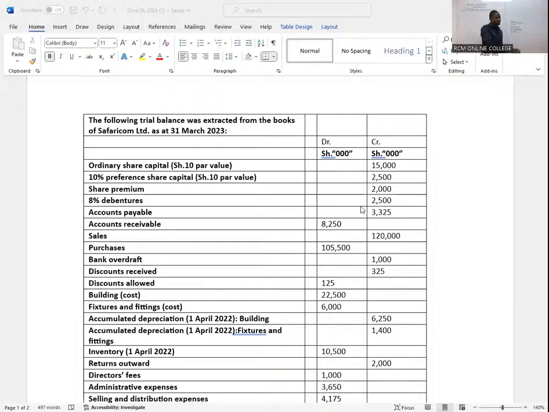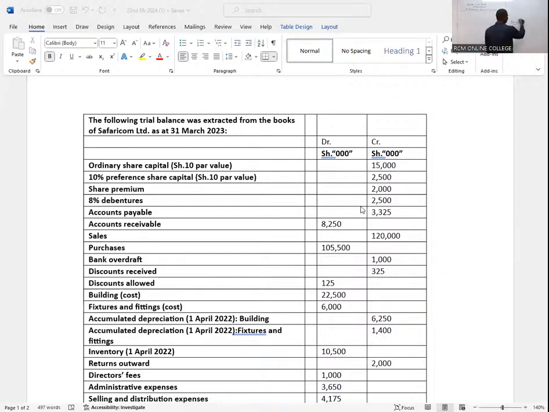And if you look at what we have here, all the debit side items either fall under drawings, expenses, or assets. For example, look at our purchases. Look at our accounts receivable. That is an asset. So they are on the debit side.